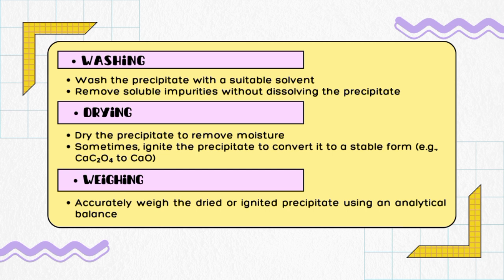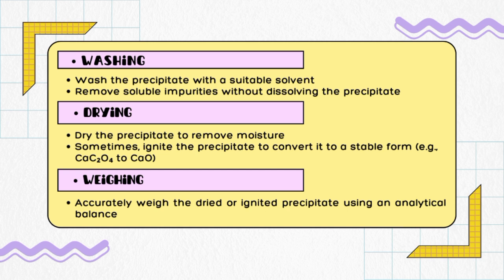Next, drying. Once washed, the precipitate must be dried to remove any moisture. This is often done in an oven at a specific temperature. In some cases, ignition is required to convert the precipitate into a more stable form. For example, calcium oxalate precipitate is ignited to convert it into calcium oxide.